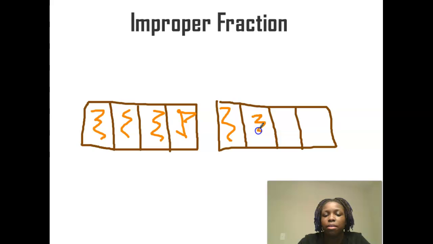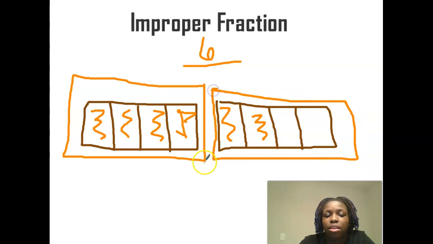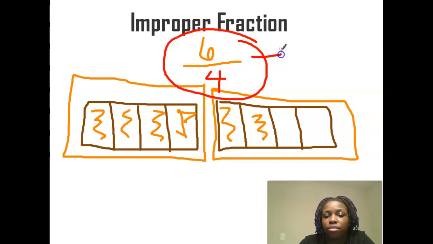So what is my numerator? My numerator is how many are shaded. So how many are shaded? Great, 6 are shaded. And then how many pieces are there in each chocolate bar? We're not adding up all the pieces, just the pieces in each chocolate bar because they have the same amount. Great, 4. So that means my improper fraction is 6/4.